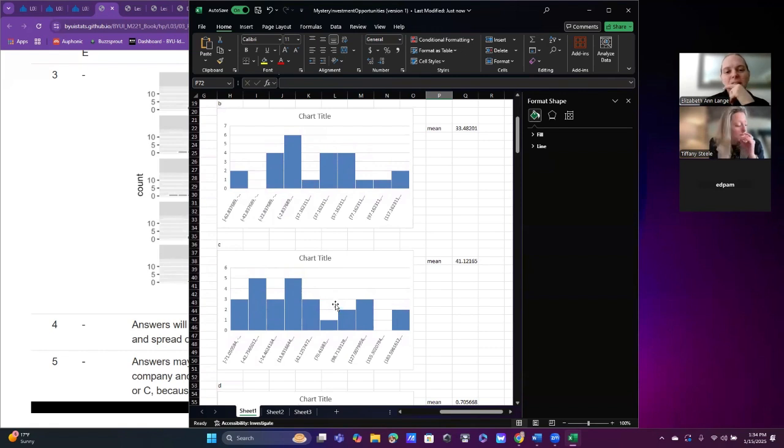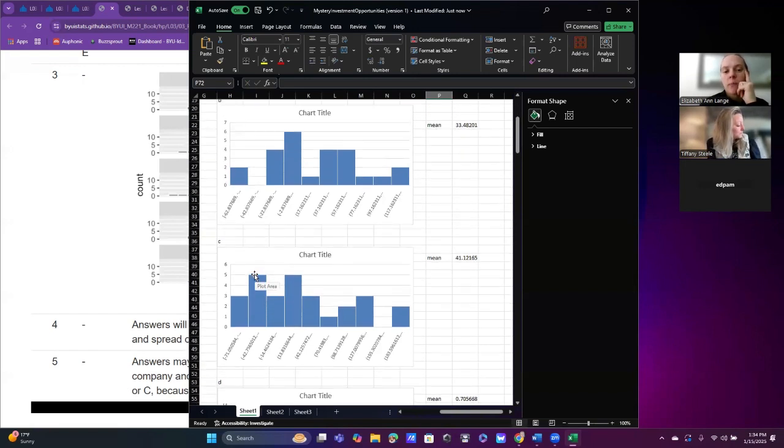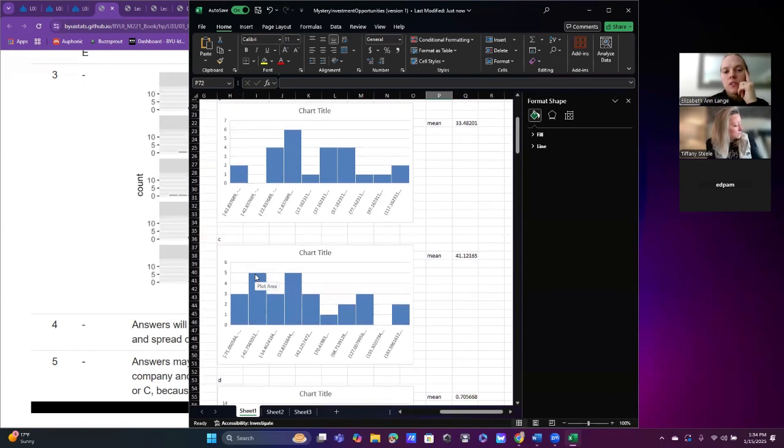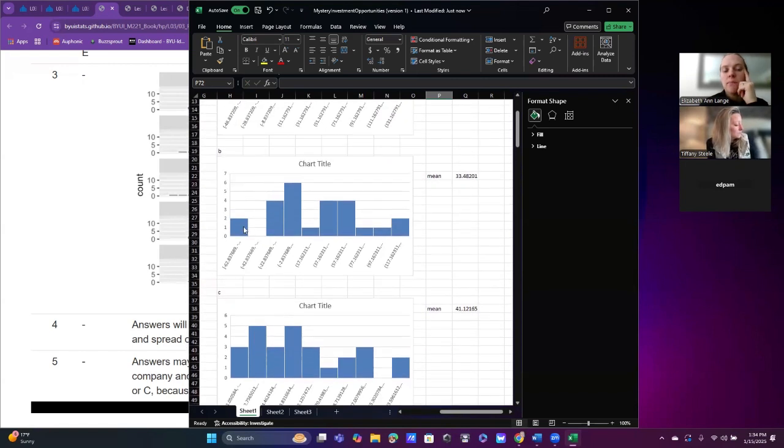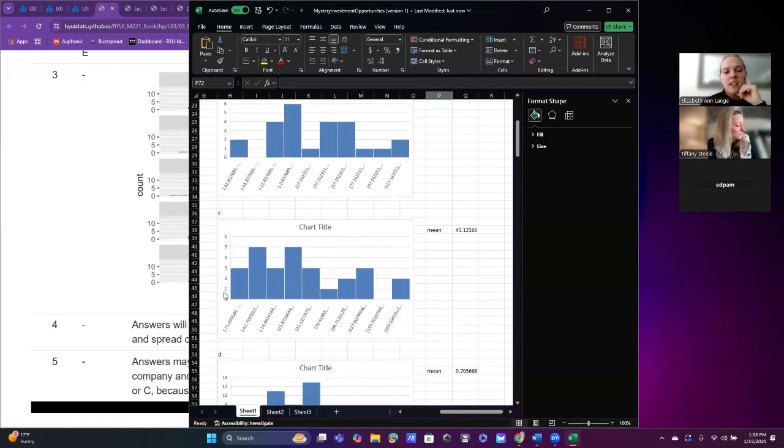No, I think they're more bimodal. Maybe for me, B might be a little more bell curved because it's a little more symmetrical, or maybe even slightly right skewed. But C is the most uniform.